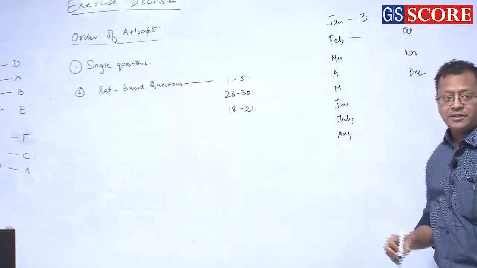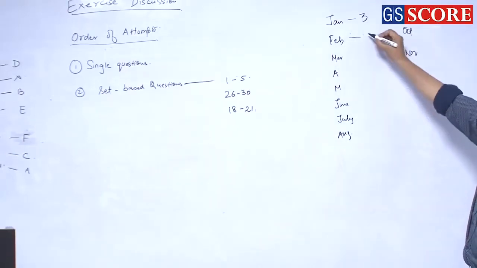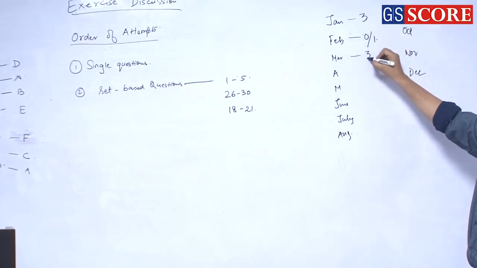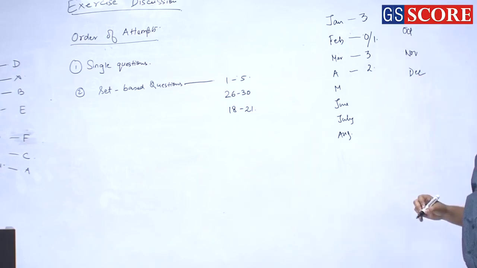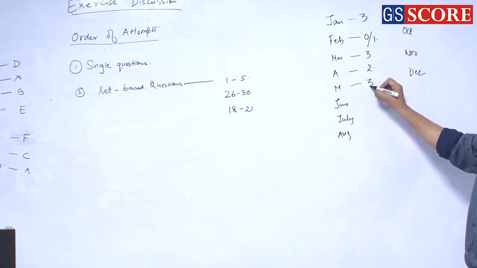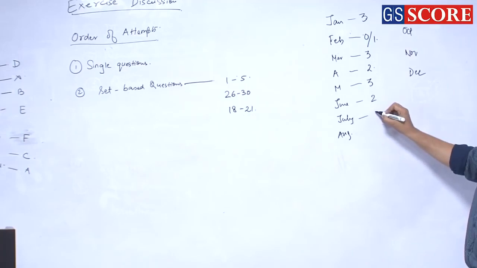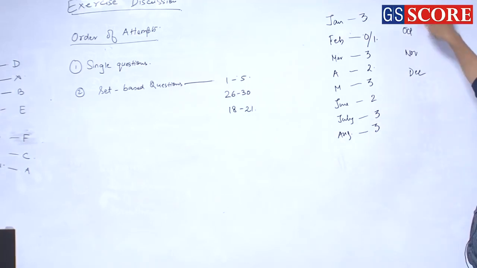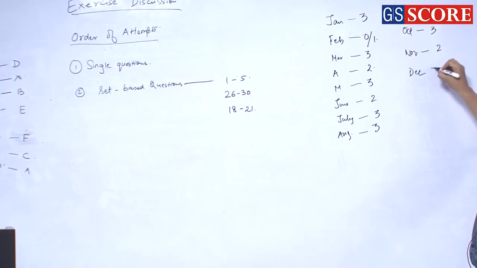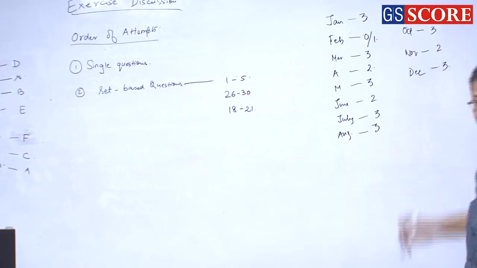Feb, how many odd days are there? It will be either 0 or 1. March will be 3, April will be 2, May will be 3, June will be 2, July will be 3, August will be 3, September will be 2, October will be 3, November will be 2, December will be 3.